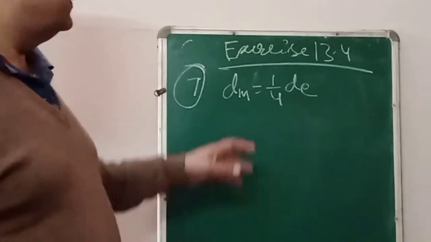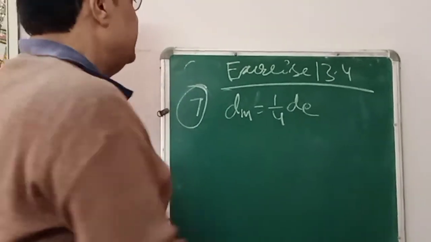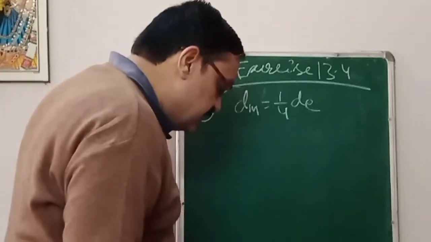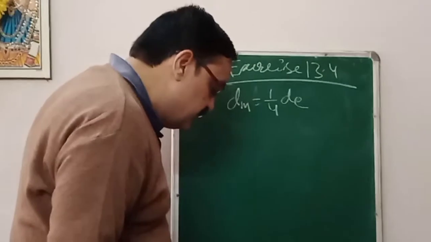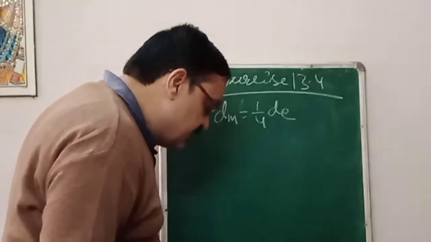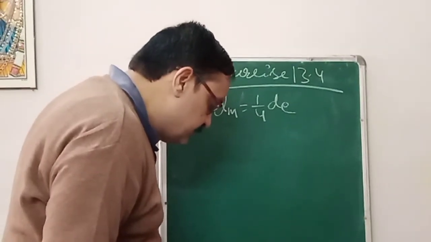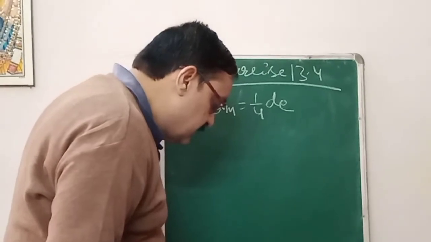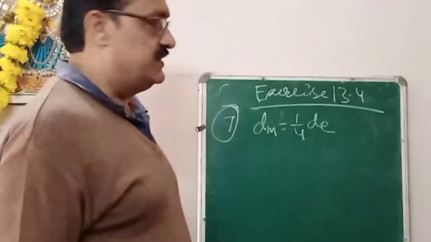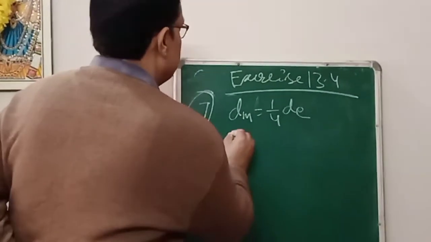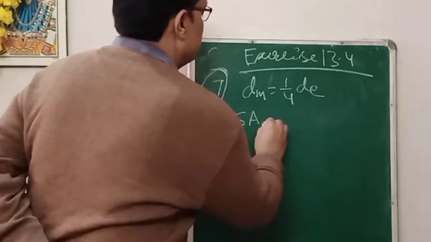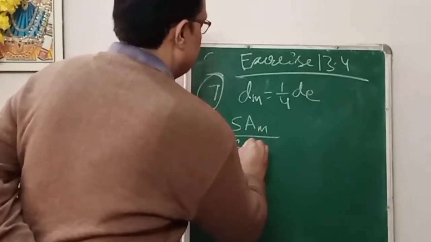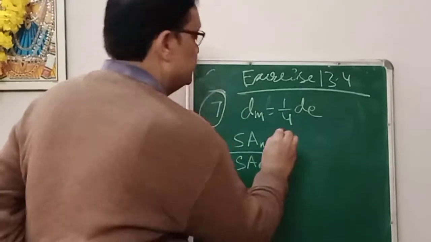So this is given. The question says we want to know the ratio of the surface areas. So surface area of moon divided by surface area of earth we need to find out.